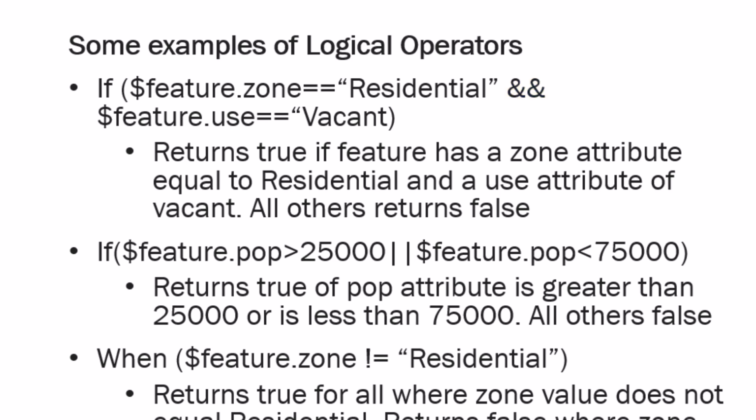So and the use is equal to vacant, that's going to return a true statement. All others would be false. Okay? So if that is true, then you would do something to it. You know, return some value or symbolize it some way or label it some way, whatever you're going to do with that there, right? So that logical and is that double ampersand.